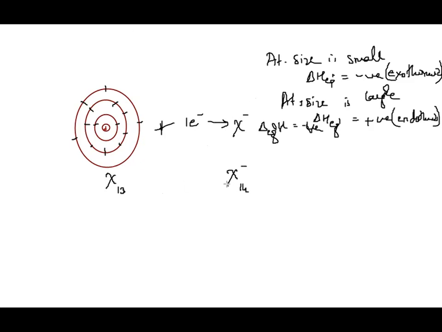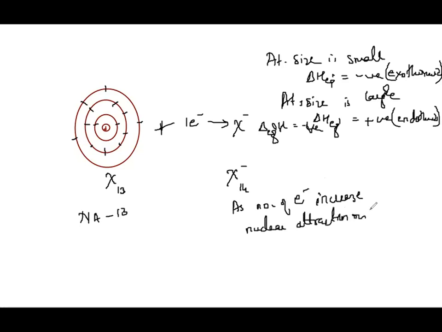Earlier, the nuclear attraction for this atom was distributed among 13 electrons. Now, as the number of electrons increases, the nuclear attraction on all electrons decreases. Yes or no?